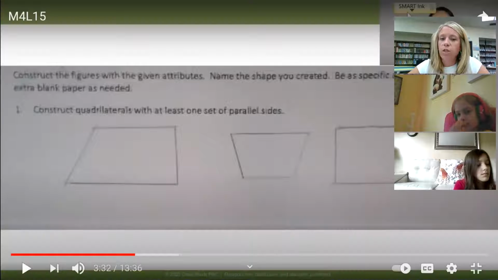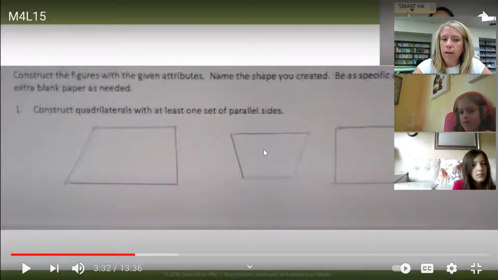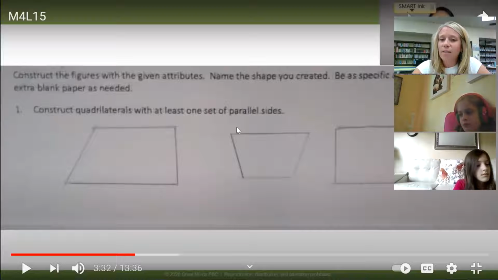Welcome back. You can see that she drew another figure right here that's similar to this one, where it has some slanted sides. This time, the top line's bigger than the bottom, but it still has 4 sides, and these horizontal lines are still parallel, whereas the sides would be intersecting.